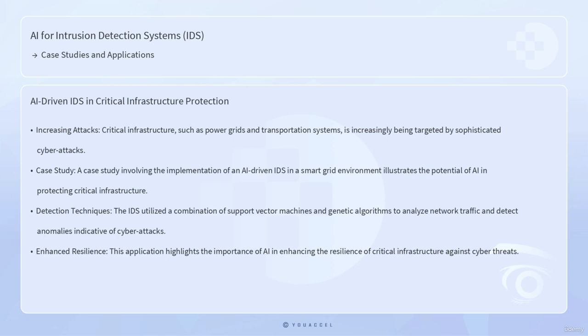The IDS utilized a combination of support vector machines and genetic algorithms to analyze network traffic and detect anomalies indicative of cyber attacks. The system achieved a detection accuracy of 95% and was able to significantly reduce the false positive rate compared to traditional IDS methods. This application highlights the importance of AI in enhancing the resilience of critical infrastructure against cyber threats.